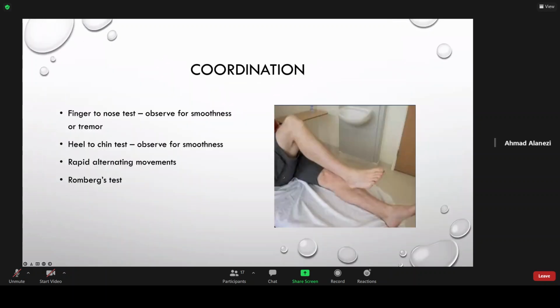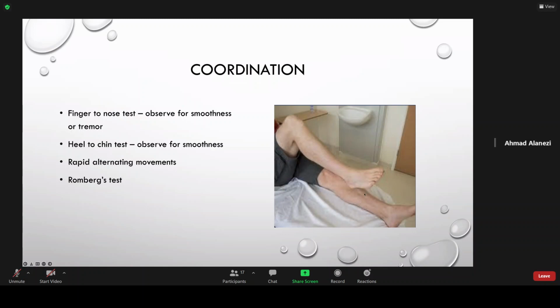Now, coordination is very important and very easy to examine. You assess the upper limbs by doing finger to nose testing and observe if there are any intention tremors and how smooth the movement is. And then for the lower limbs, you do heel to shin testing and observe the smoothness of the movement.